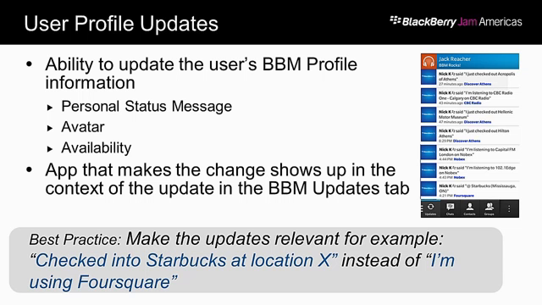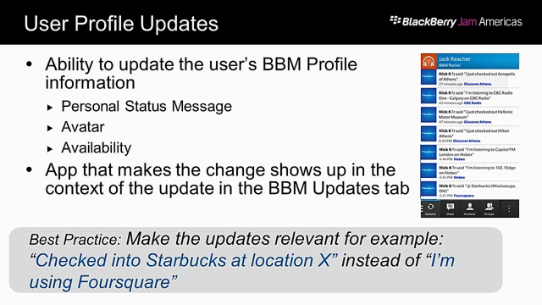And again, sort of best practice, make the updates relevant. I've seen a lot of applications that just say, I'm using this application, which doesn't really give a lot of context for your BBM social graph. It doesn't entice the users to really download that application.